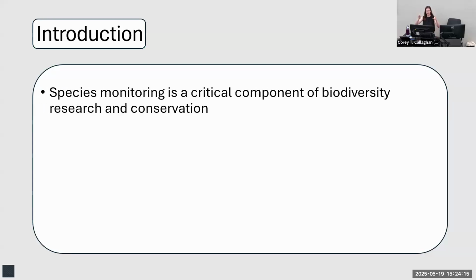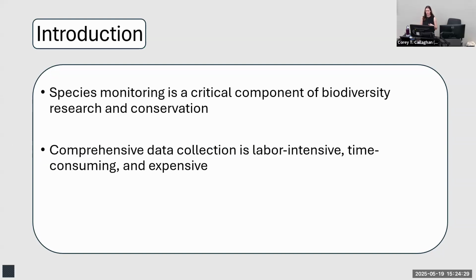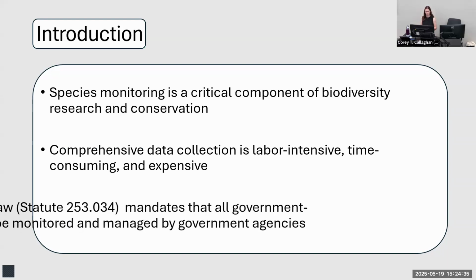To shift gears out of this people headspace into this data headspace, we'll have a quick introduction. Species monitoring is a critical component of biodiversity research and conservation, but this comprehensive data collection can be labor intensive, time consuming, and expensive.